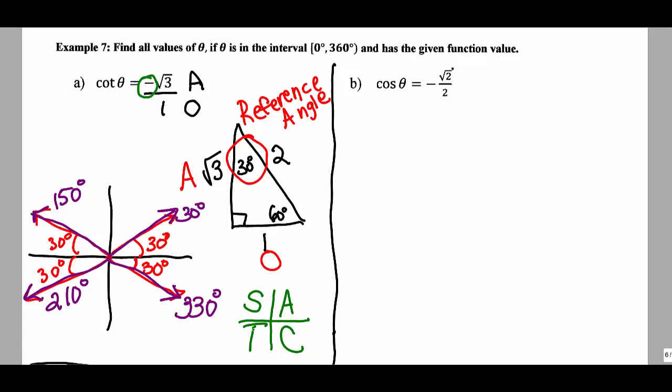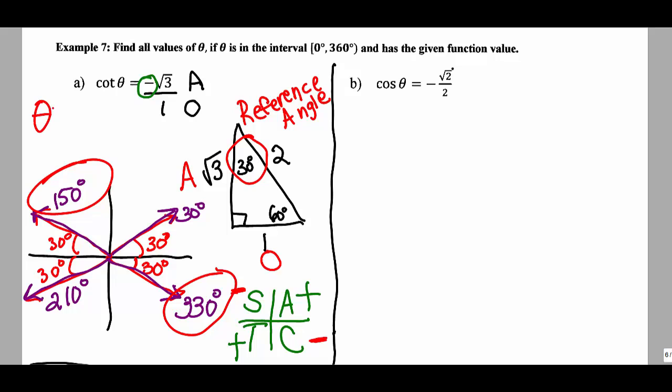Cotangent is positive where tangent is positive. So we're talking about quadrants 1 and 3 where cotangent is positive. Where's cotangent negative? That's where we're actually going to look for our angles. We're going to look for our angles in quadrant 2 and quadrant 4. So the angle that has a cotangent value of negative square root of 3 would be 150 and 330.